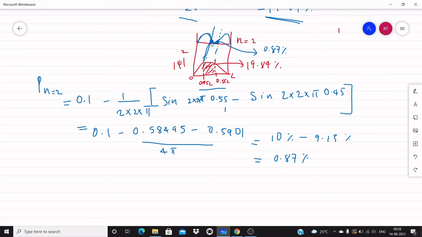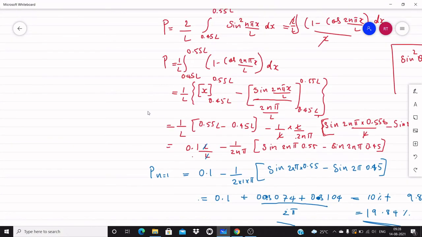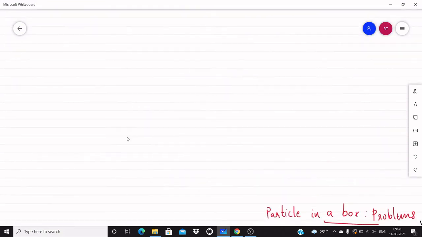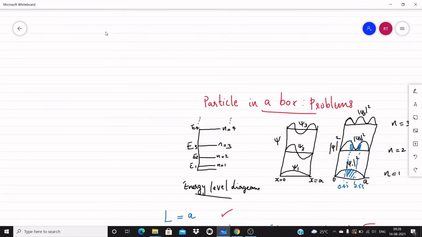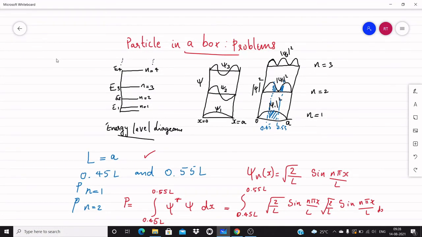So I hope you understood the idea behind the probability calculation, because we already have that representation of a wave function. Yeah, so from this you will get the idea about what we have done.